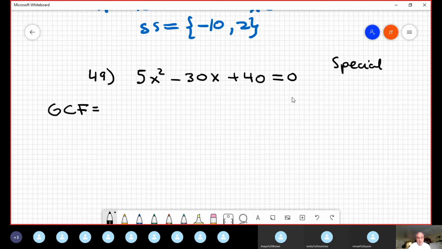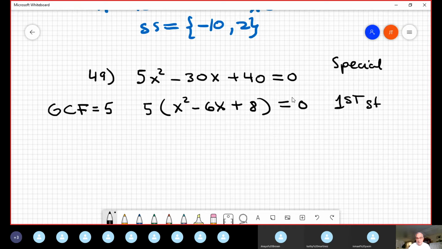In this case, the GCF is obvious, 5, because we have 5, we have 30, we have 40, and that number is divisible by 5, no? So the greatest common factor obviously is 5, and you factor out 5, and we have x squared minus 6x plus 8. Okay, this was the first step in the factorization.